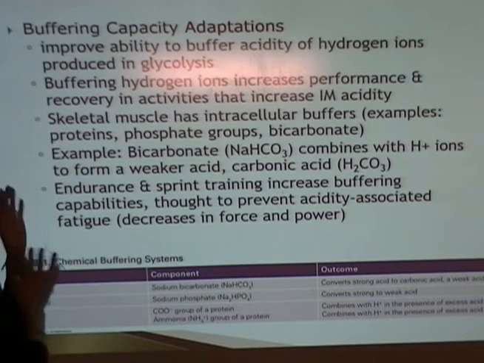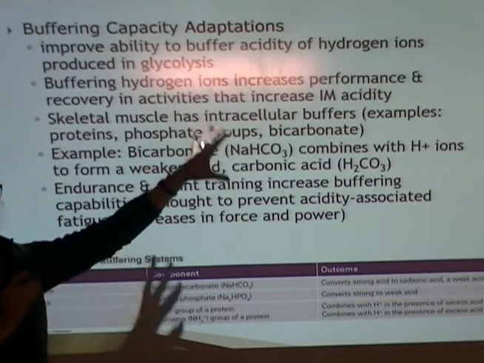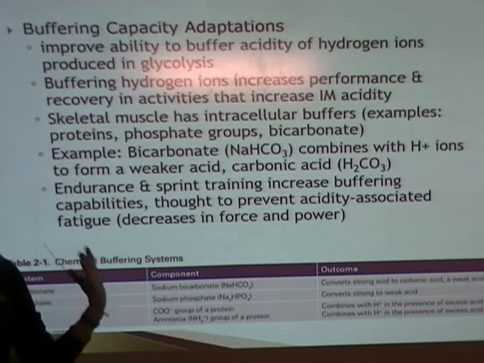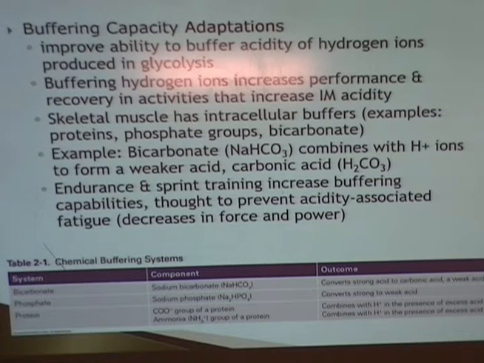So we want to be able to buffer these hydrogen ions more effectively, and what we see is an increase in the levels of intracellular buffers. So intracellular buffers can be the inorganic phosphate groups, can be bicarbonate, certain proteins act as buffers, right?